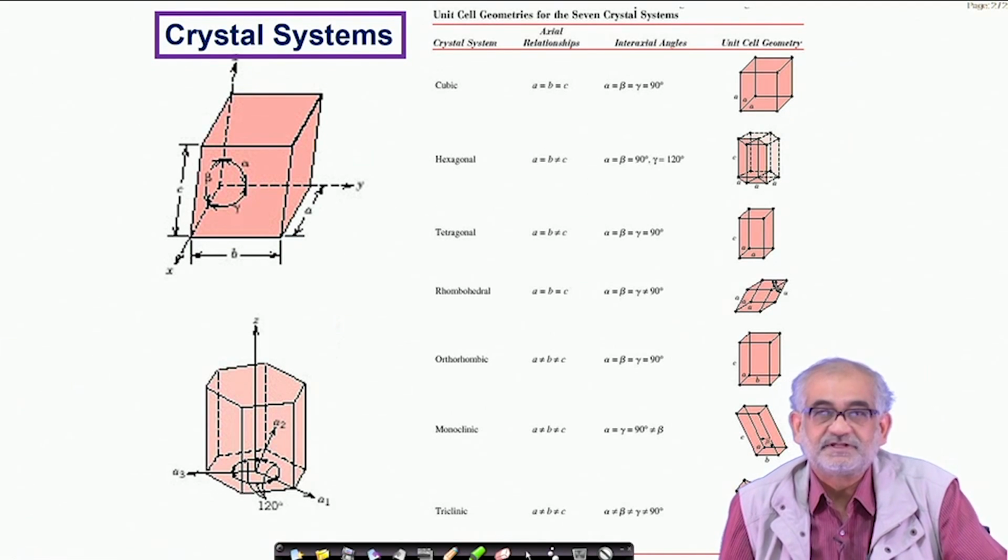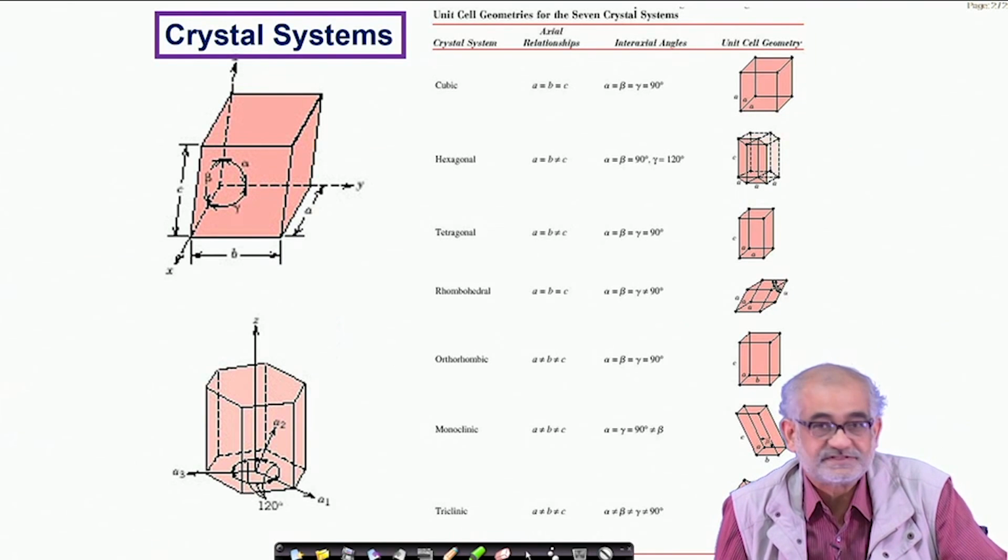Again, this comes straight from your class 2 physics, so we don't need to go into details. What is important for us to know is that all crystalline materials will belong to one of these 7 possible crystal systems.